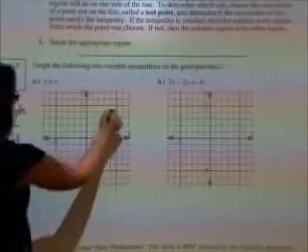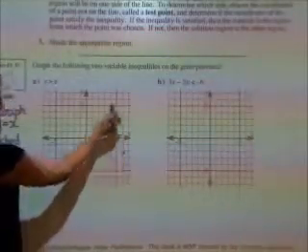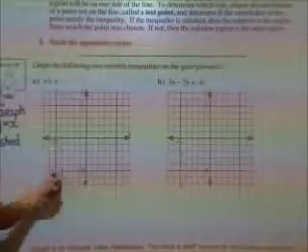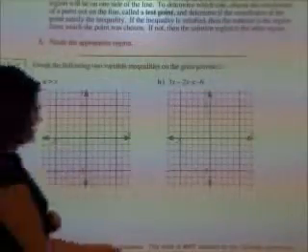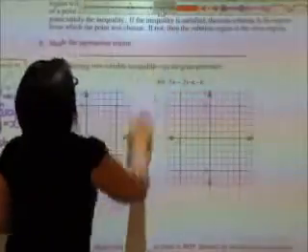Okay, so y equals x. That means an input of 2 gives me an output of 2. Whatever the x value is, the y value is going to be the same. So if x is 5, y is 5. If x is negative 5, y is negative 5. So then I can join my points with a dotted line.